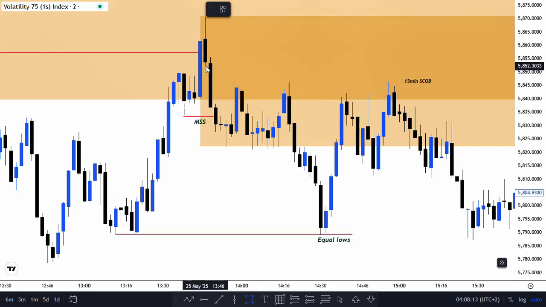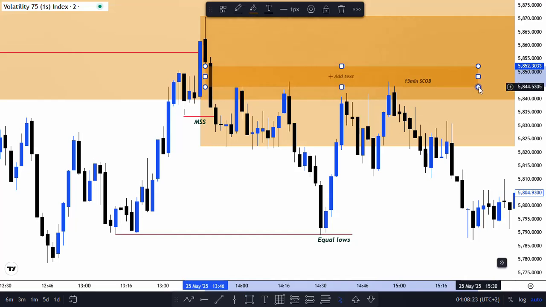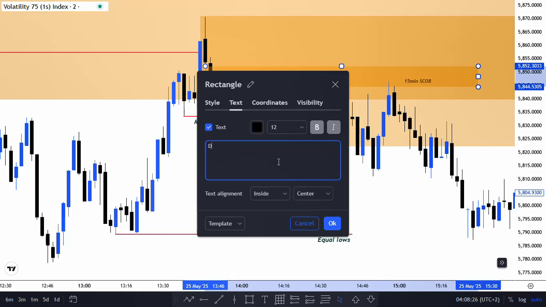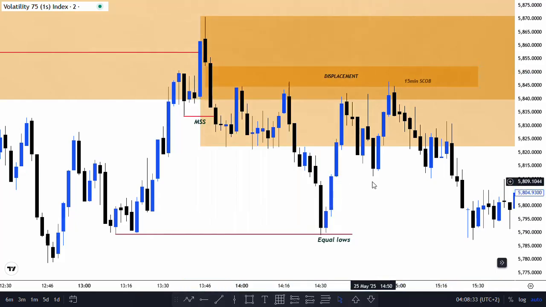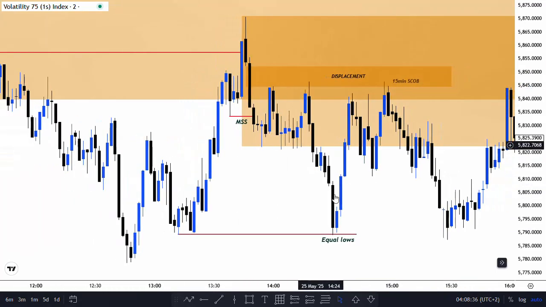Okay, let me just draw it all the way out. Displacement. All right. Now, when price dropped to the downside here and then started going up there, the only thing that you are trying to do here is for price to go back to that displacement.